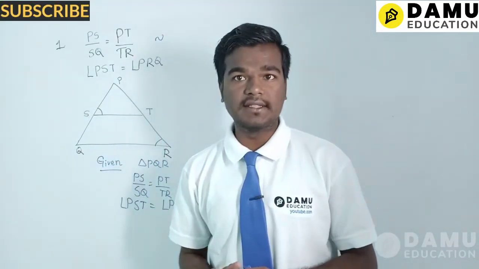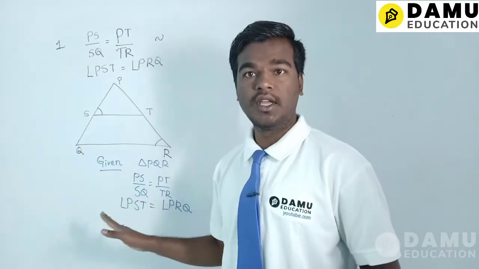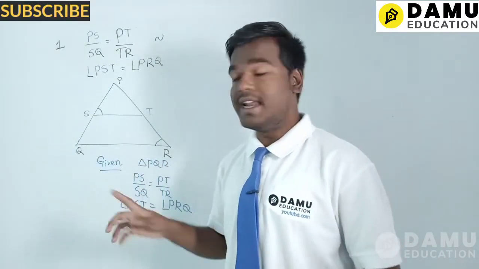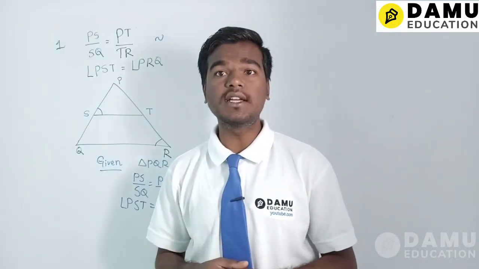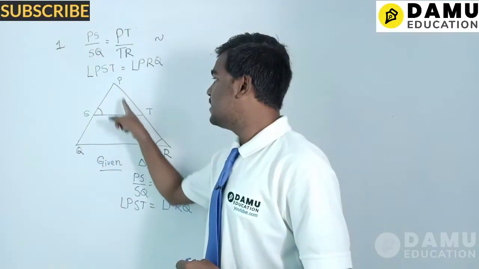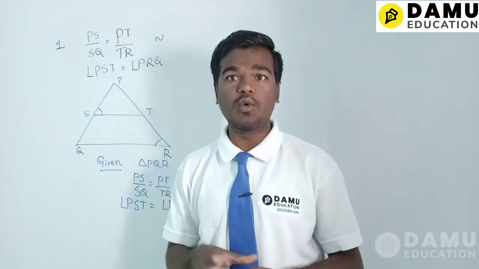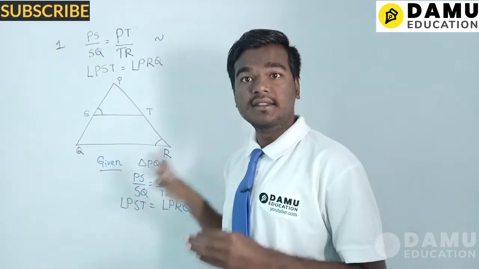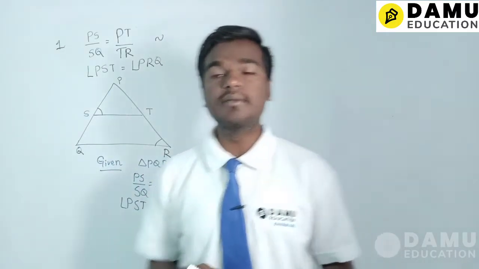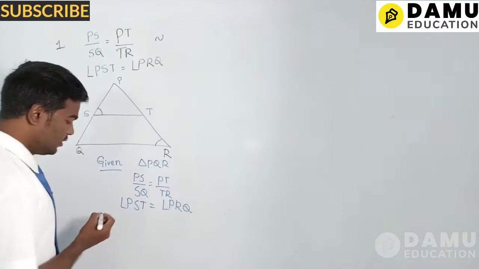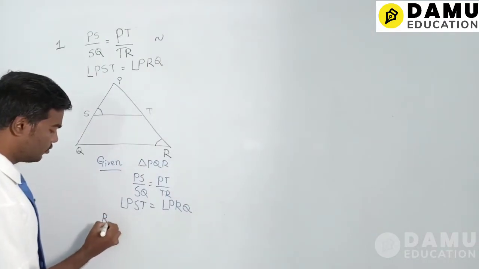According to Thales theorem, they are given the condition. But here, we use the converse of Thales theorem. What is the converse? It is the reverse of Thales theorem. If any line divides two sides into equal ratios, then that line will be parallel to the third side. So, what is required to prove?